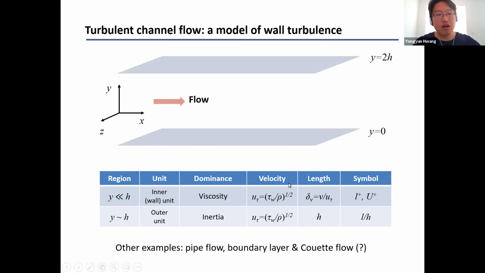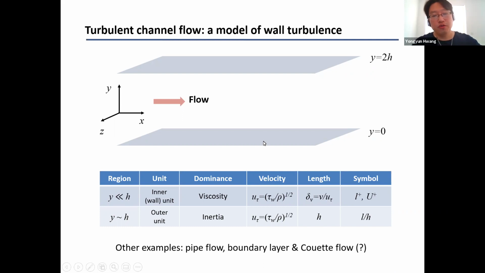In this region, the velocity scale comes from the skin friction, which gives you the leading approximation of the velocity scale. The length scale also comes from the viscosity and the friction. Whenever I use this length scale, I'm going to put the plus symbol; this is the convention, and many turbulence people use the plus symbol for that.